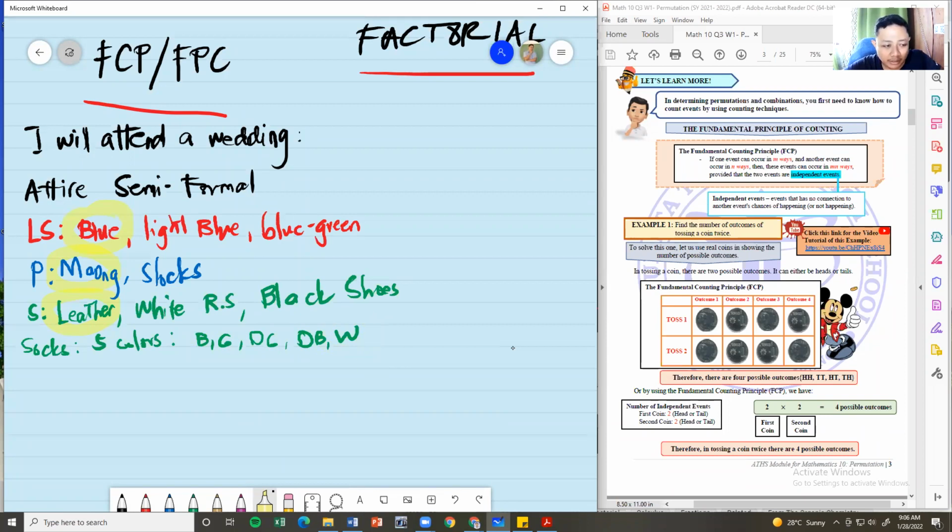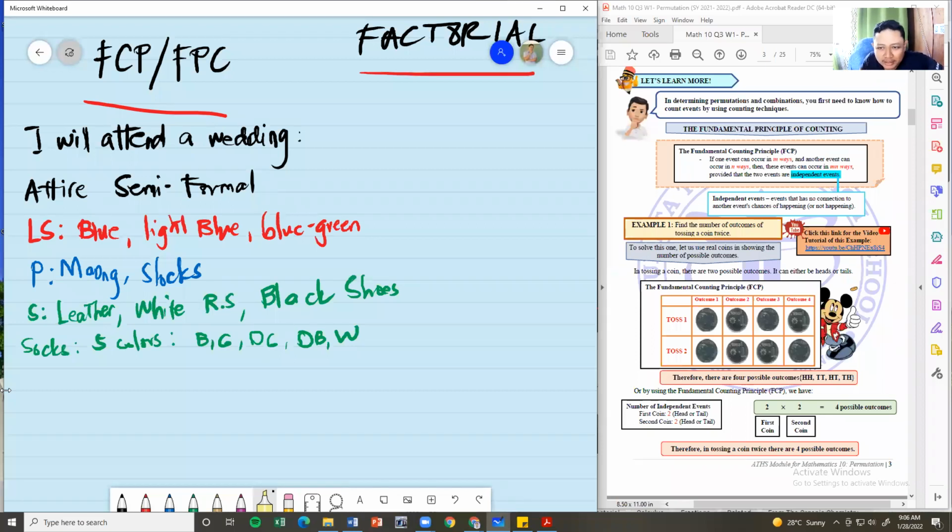What more if I will be changing the other combinations from long sleeves, pants, and shoes? So sobrang dami nun if we will just be listing them. What do you think should we do to make our life easier here? By applying FCP.